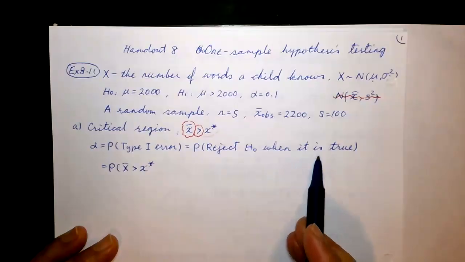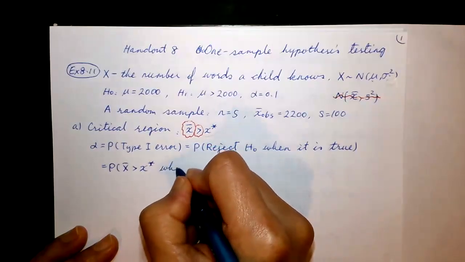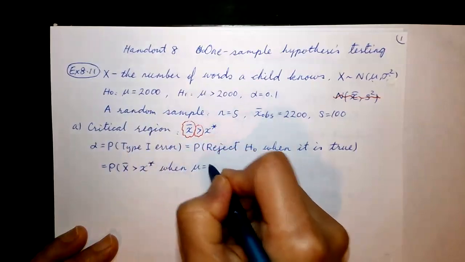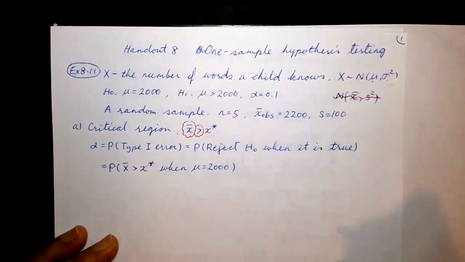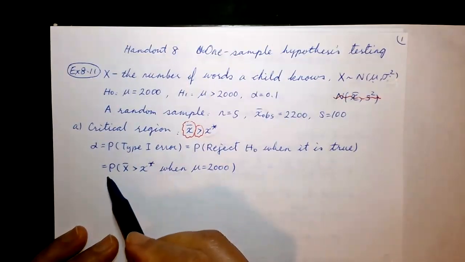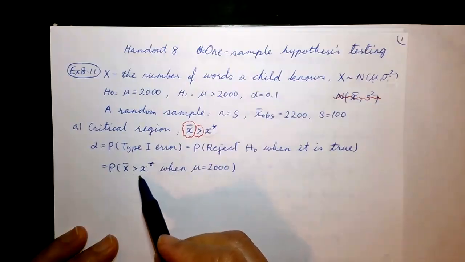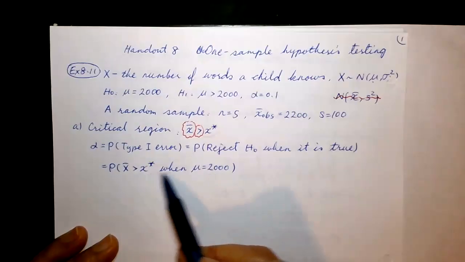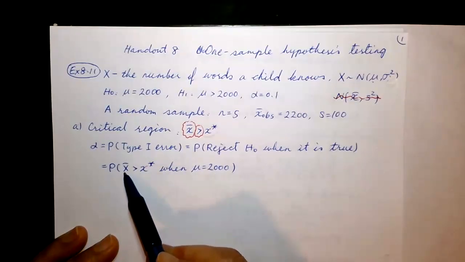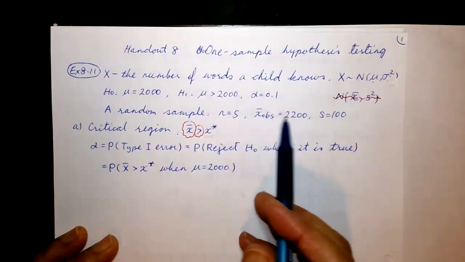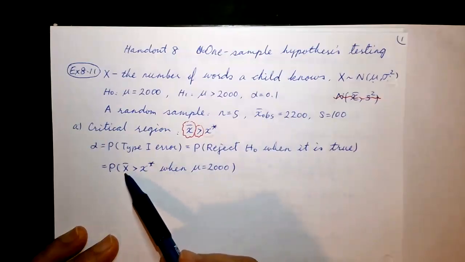When it is true, when H naught is true, I just copy. What happens when H naught is true? The mu is 2000. Look at this probability. The probability that the sample mean is too big when mu is that. We have three things in here. X bar is the sample mean. Now don't use this observed sample mean. You leave this away from this probability.